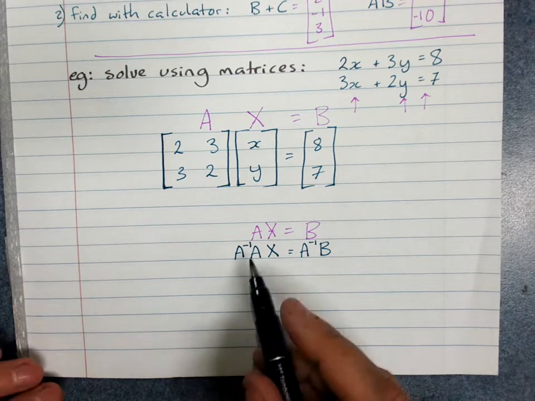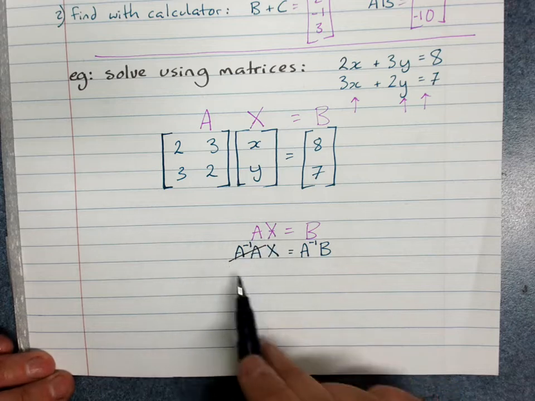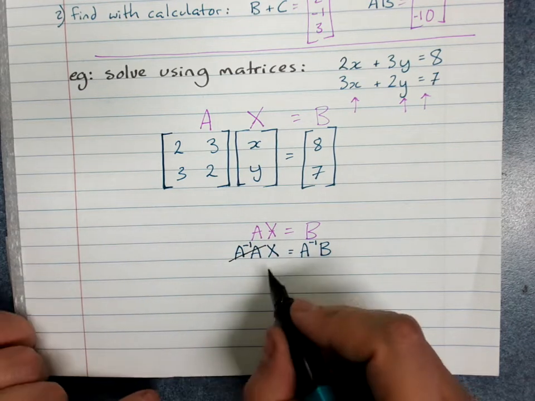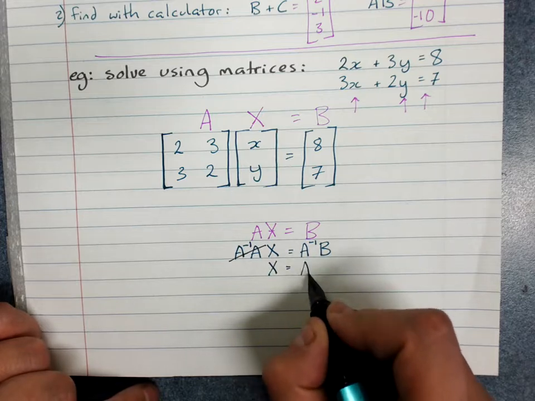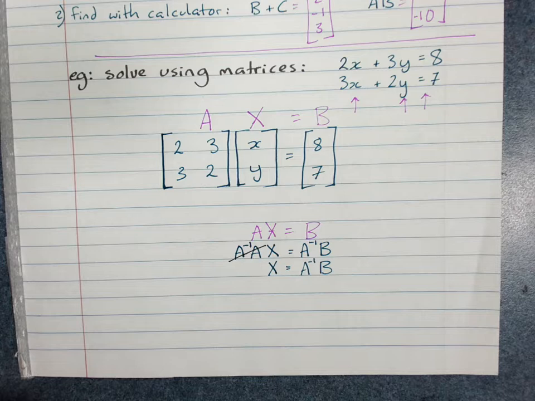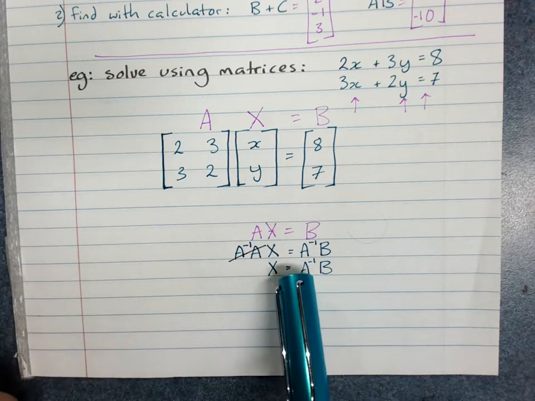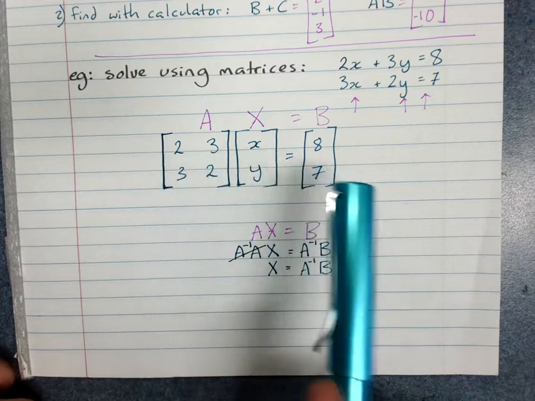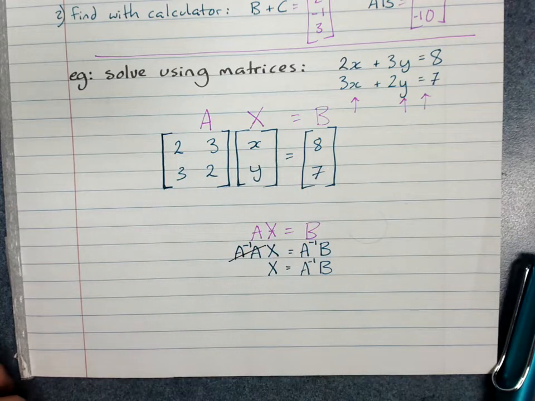Inverse a times a cancels out, which is the reason we do this, to get x on its own. So I've got x equals inverse a times b. Once you've worked out what multiplication you're going to do to get x, then you need to get a and b into your calculator.